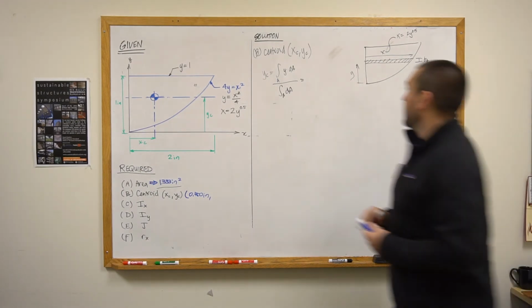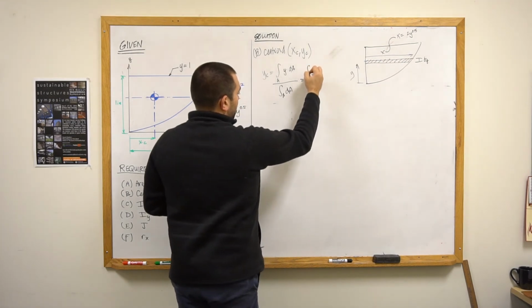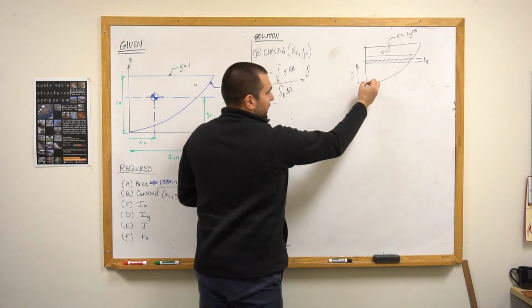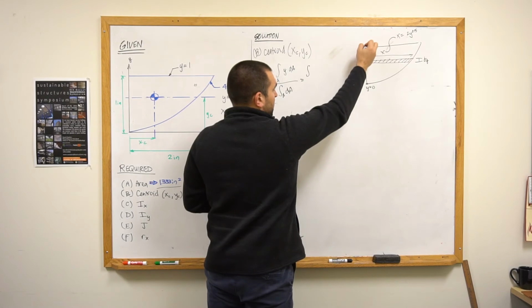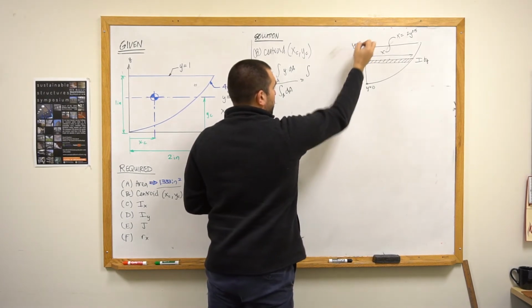dA is simply dy times 2y to the 0.5, and then times this distance y in order to turn it into a weighted area. So really all that I'm doing here is the integral, and let's talk about the limits here. The bottom is y equals 0, the top is y equals 1 inch.